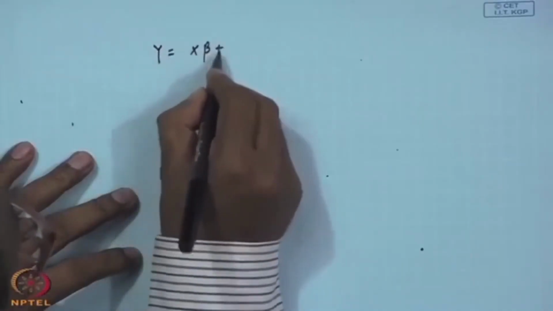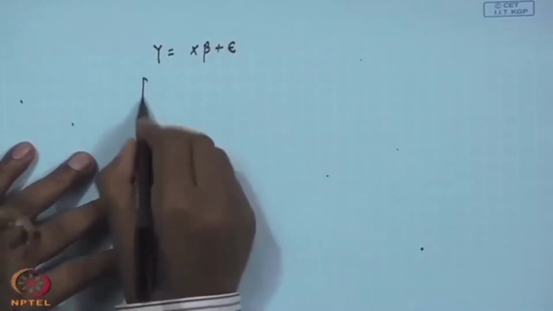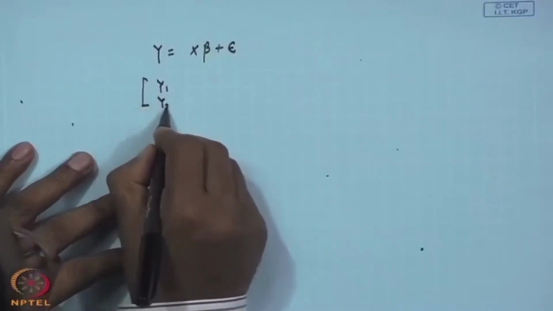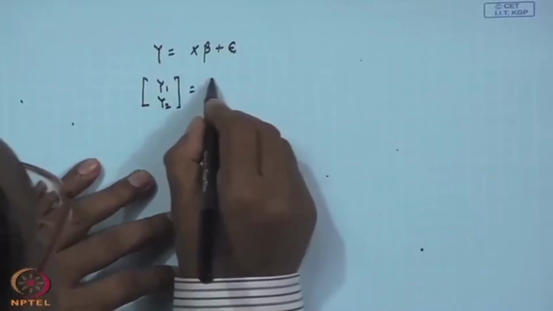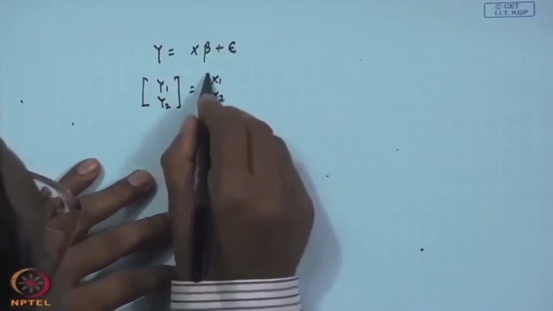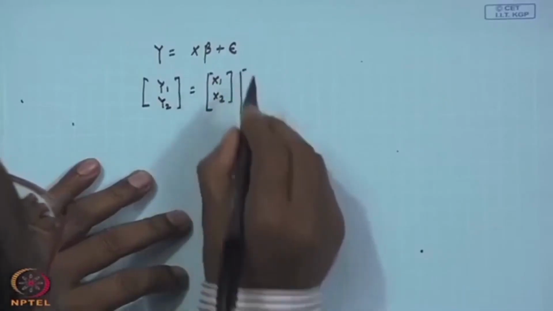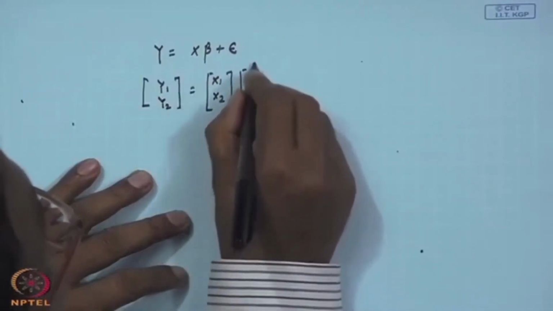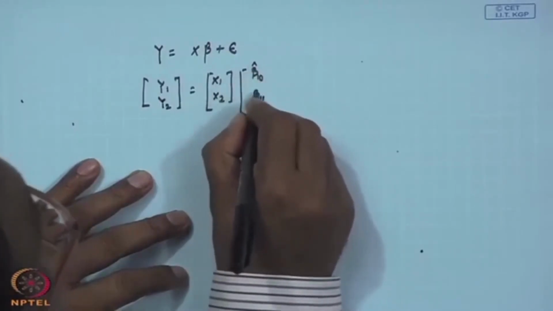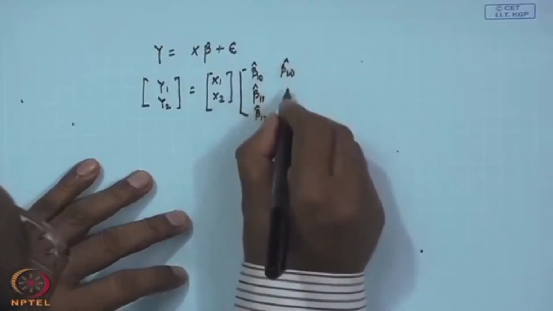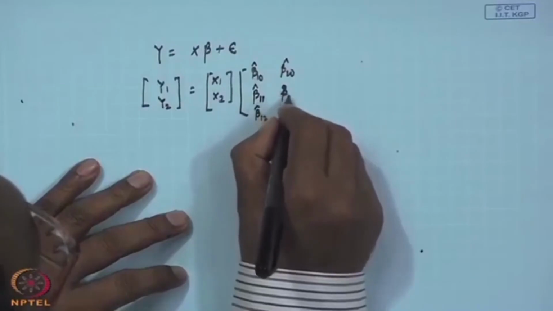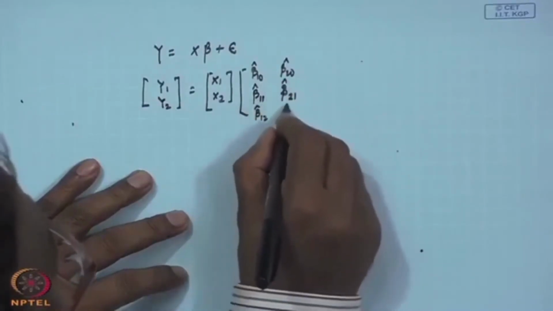If I go by the logic that Y is X beta plus epsilon, where Y is here y1, y2, and X is here x1 and x2, and beta is here beta 10 cap, beta 11 cap, beta 12 cap, then beta 20, beta 21 cap, and beta 22 cap.